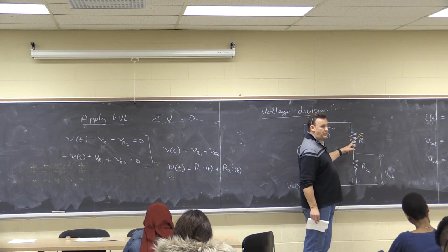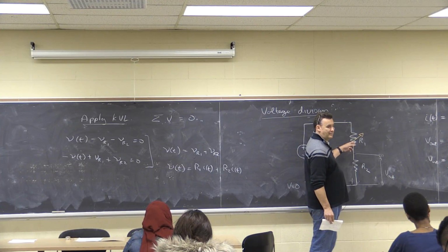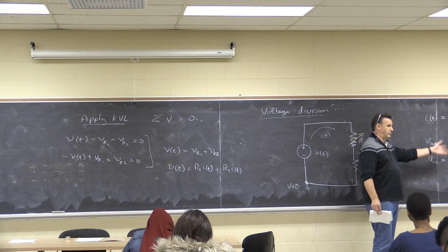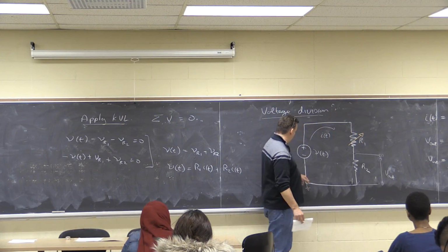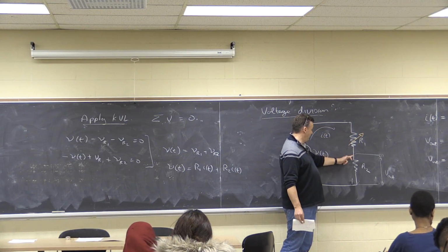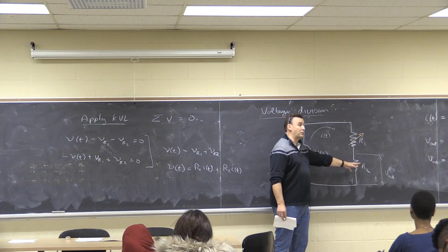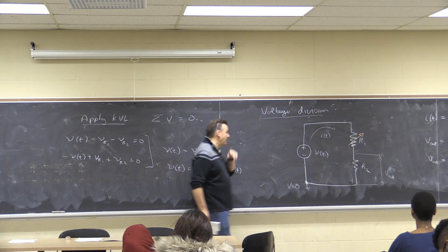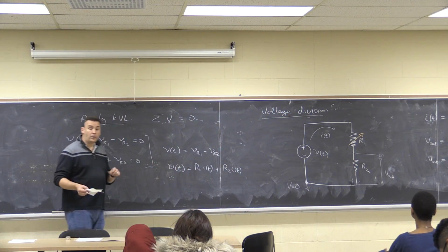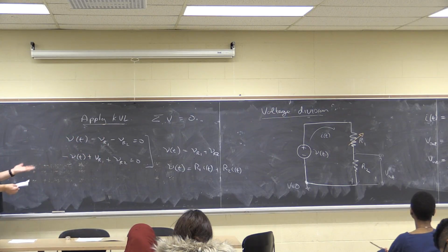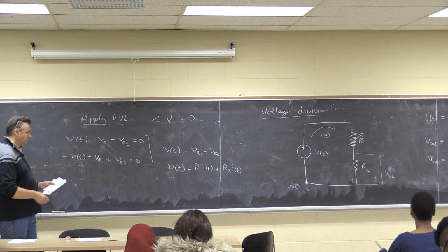So if R1 goes to 0, yeah, that makes sense because the top is then connected through no resistance to the top here, and I've just got a source connected to a resistor. So by controlling the value of R1, I can control the output voltage. So this gives me a controllable voltage source.